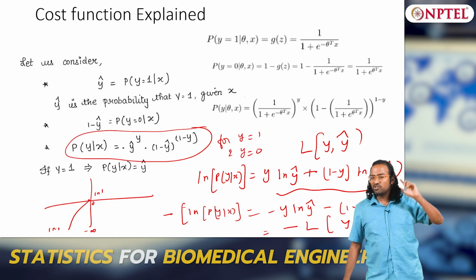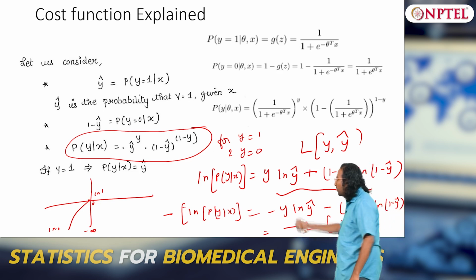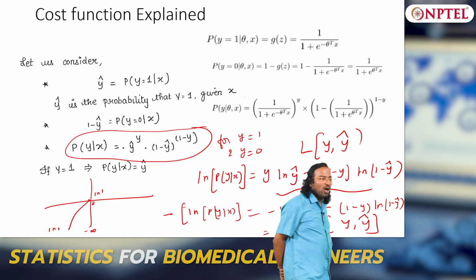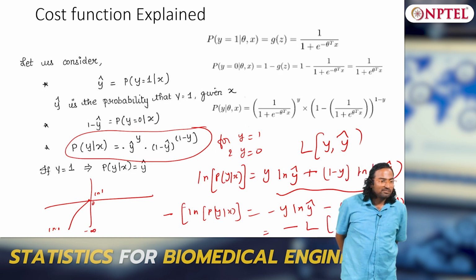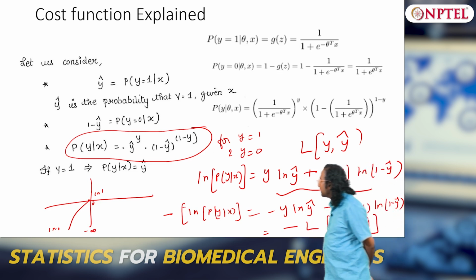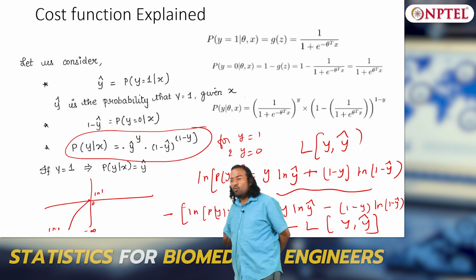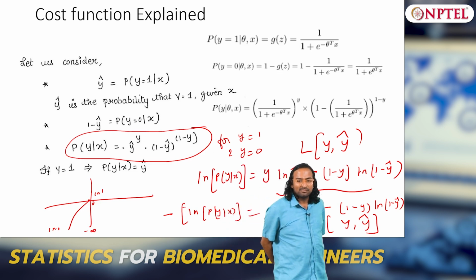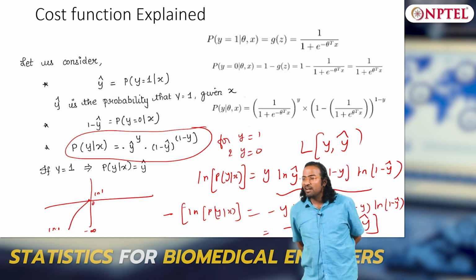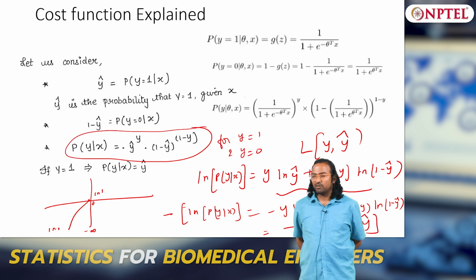So this is the cross entropy function, and people also call it the log likelihood function. Okay, log likelihood function, because you take the log of how much y hat is close to y, the ln of y hat, how close it is to y, that is why it is a log likelihood function.